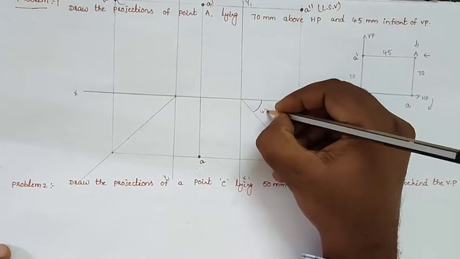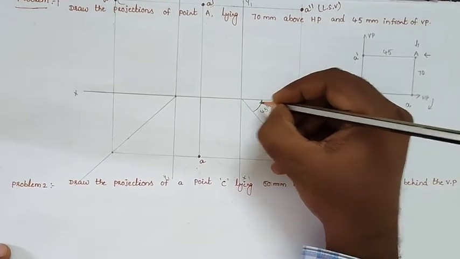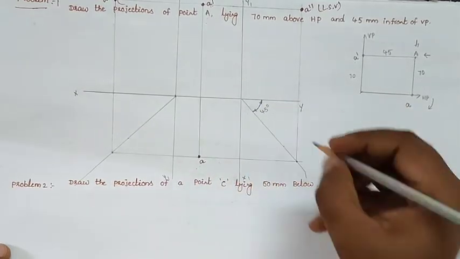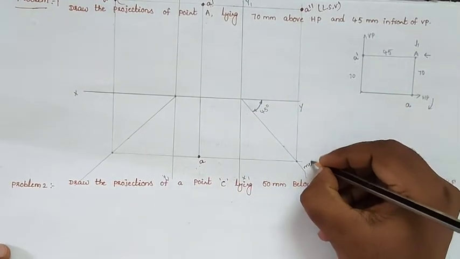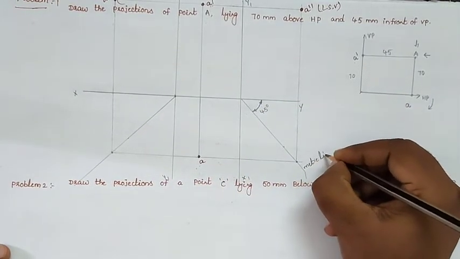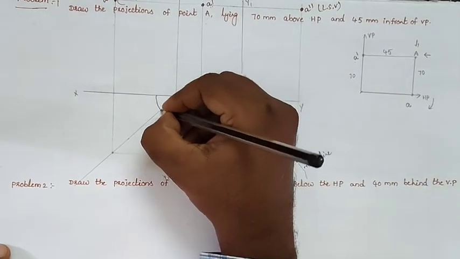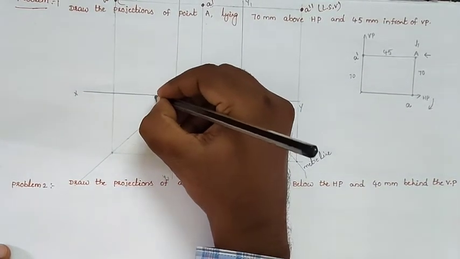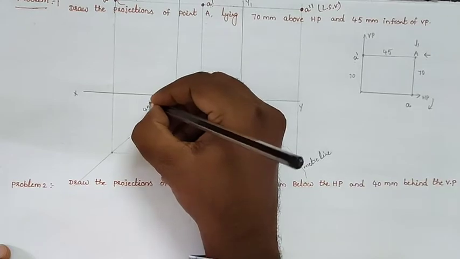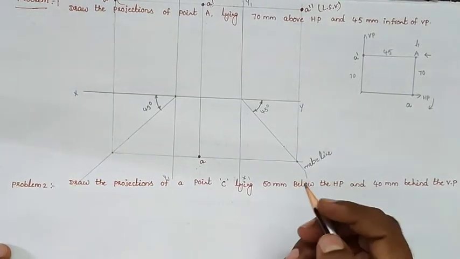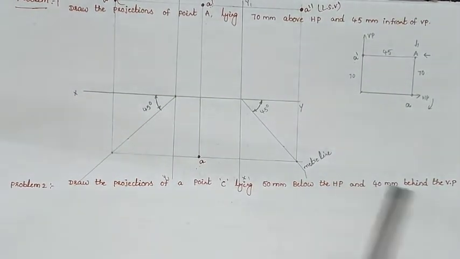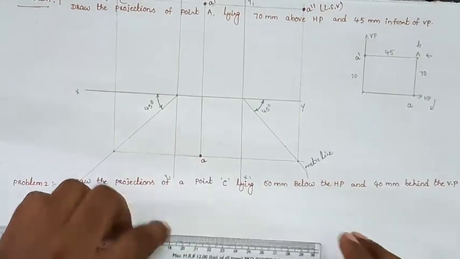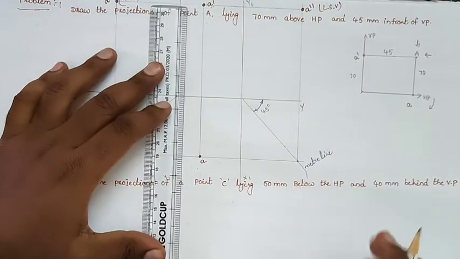So this one is a 45 degrees angle, because it is a miter line. In the direction of the top view, we will draw the miter line. So here this is also a miter line. After that I am mentioning the dimensions. What are the required dimensions they are giving in our problem?